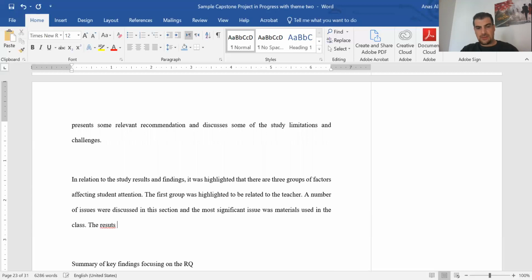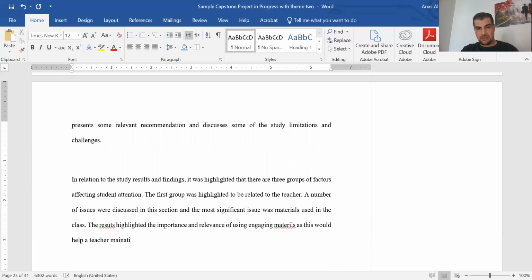The results highlighted the importance and relevance of using engaging material, as this would help a teacher maintain students' attention during the session.